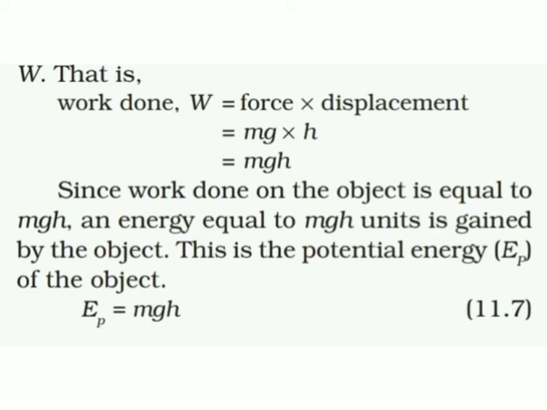Therefore, work done W equals mgh. Since work done on the object is equal to mgh, and energy equal to mgh units is gained by the object, this is the potential energy EP of the object. Therefore, EP equals mgh.